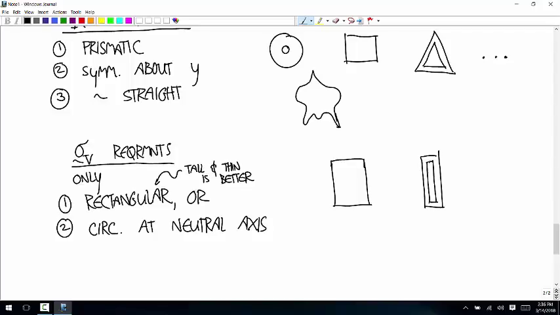You could do a hollow one of these. I guess that's sort of an exhaustive list of the cross-sectional shapes that we can do for shear force.